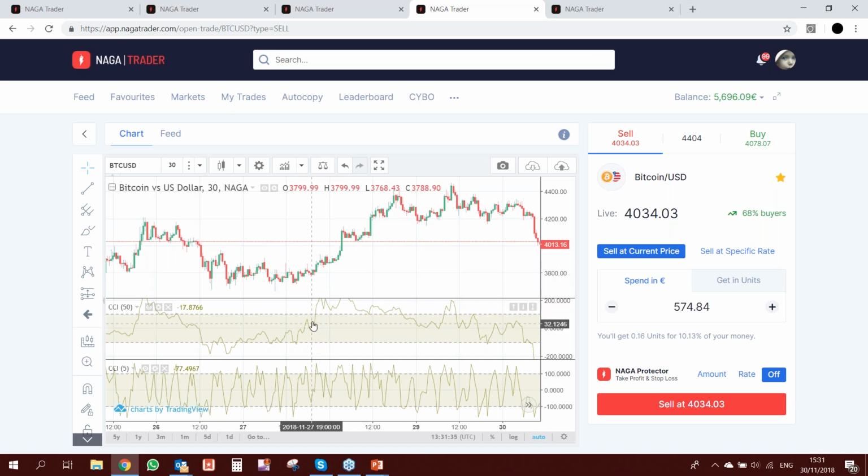We have a reading breaking above the 100, and price continued its rally of approximately 3,900 to 4,300. That was quite a big move. It's Bitcoin, of course. We have a $1,000 move just by a CCI signal breaking above its overbought.